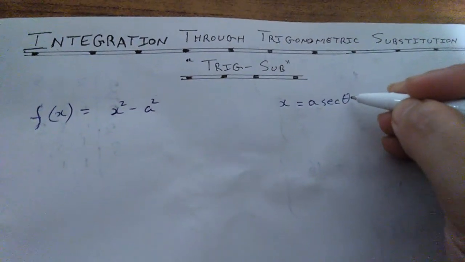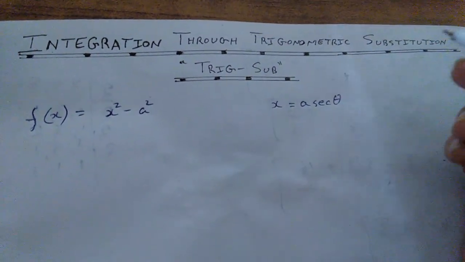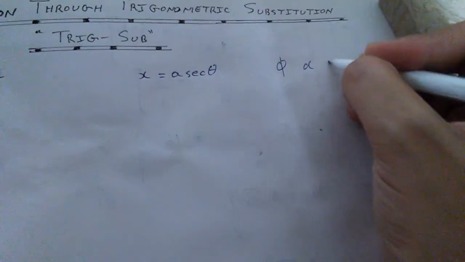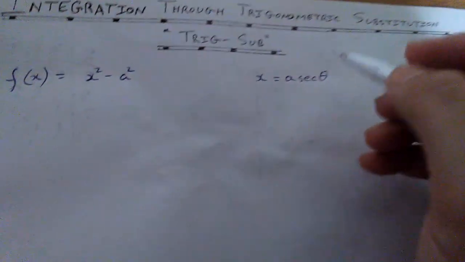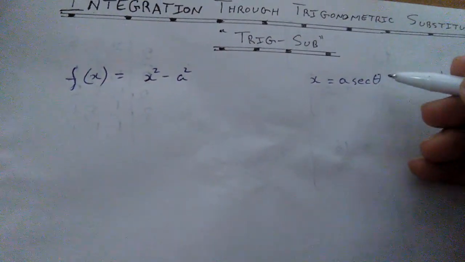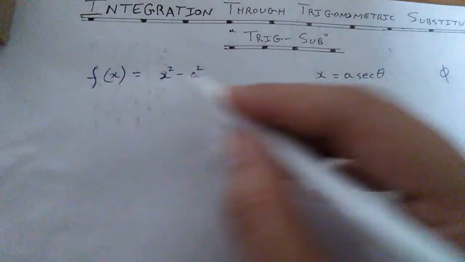You can use any angle notation that you like. It's your choice: phi, alpha, beta, gamma, omega, whatever you want. Conventionally we prefer to use theta here. That's why we are using it.